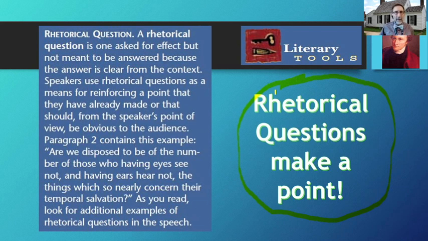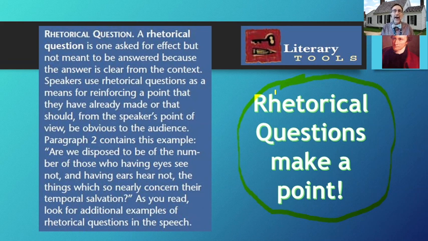Now, some people have this idea that a rhetorical question is a question that you're not supposed to answer. That's wrong. That's not accurate. A rhetorical question is a question that has such an obvious answer that there's no need for anyone in the room to say what it is. And so instead of telling people a fact, you ask them a question that leads them to understand right away that that fact is in fact a fact, okay?